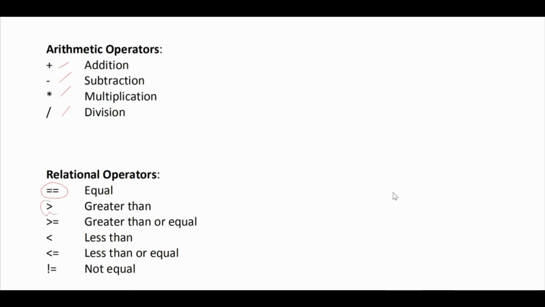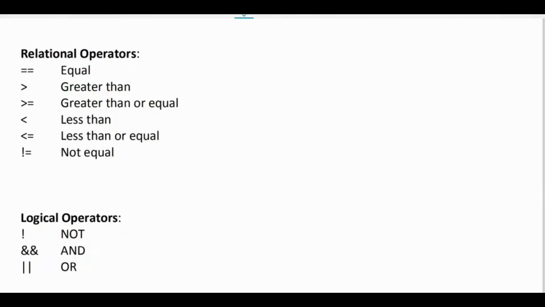And this is for greater than. And this one for greater than or equal. And for less than or equal, and not equal. So for operators having two symbols, take note that there is no space in between. The third group of operators is the logical operators.